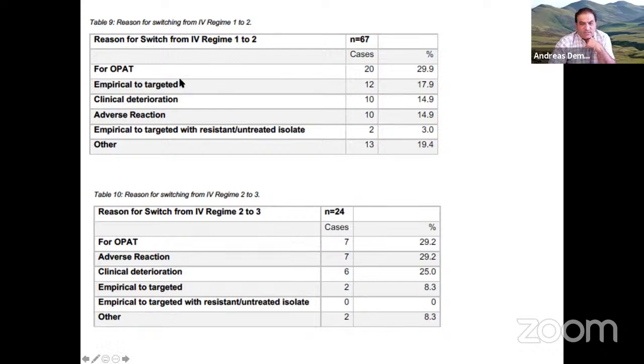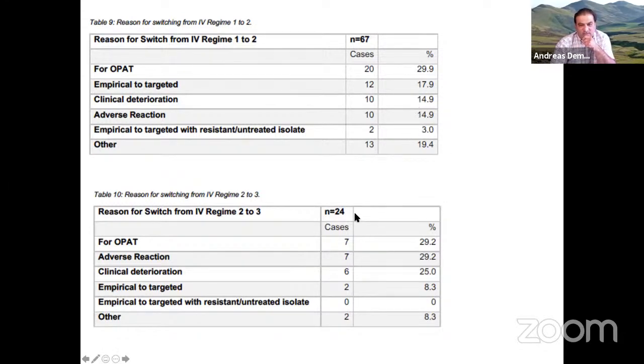Often it's because we're switching from empirical to targeted after the sensitivities are available. That's about 18%. In 15% of cases, there was ineffective treatment with clinical deterioration whilst on antibiotics, and in another 15% of cases, an adverse reaction.